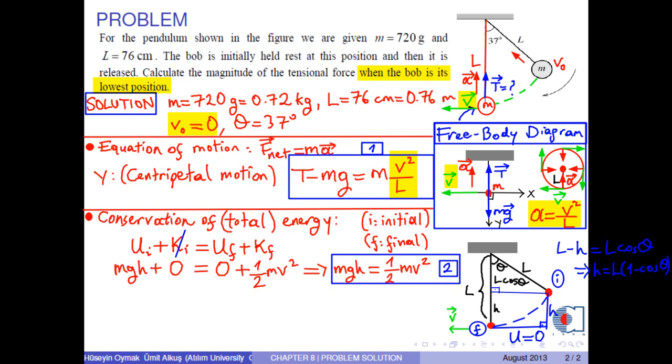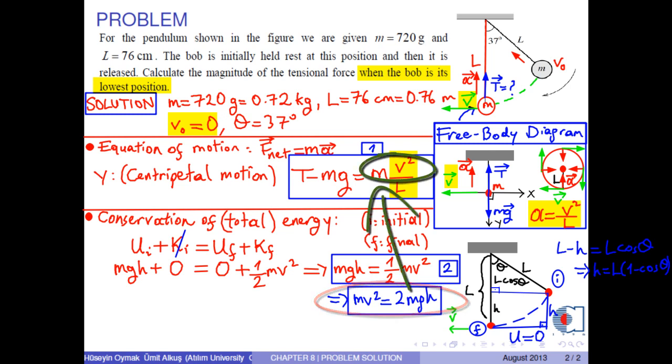From which we obtain an expression for m times v squared as 2 m times g times h. If we substitute this expression into equation 1, we get T minus m times g equals 2 m times g times h over L.